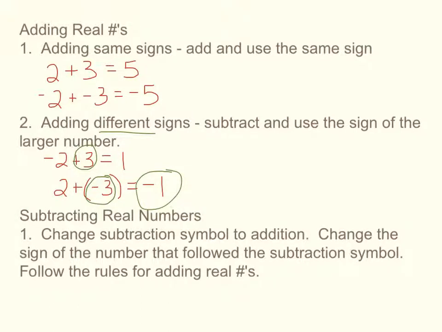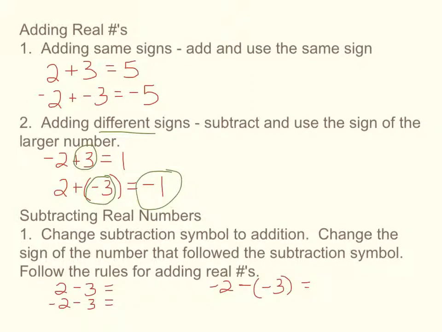Now for subtracting real numbers, you'll recall that we're going to just change the subtraction symbol to addition, and then change the sign of the number that followed the subtraction symbol, and just follow the rules for adding real numbers. So we can change all of our subtraction problems to addition problems.